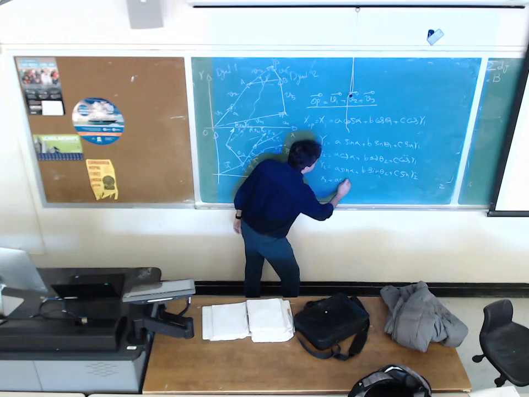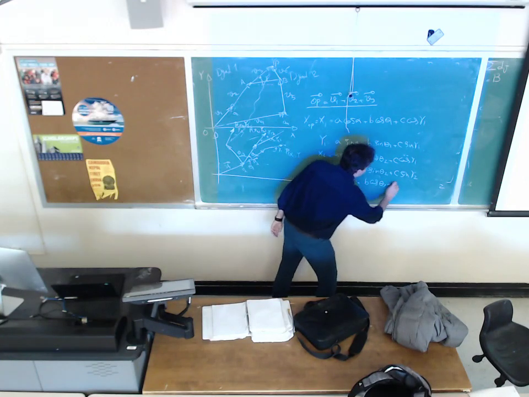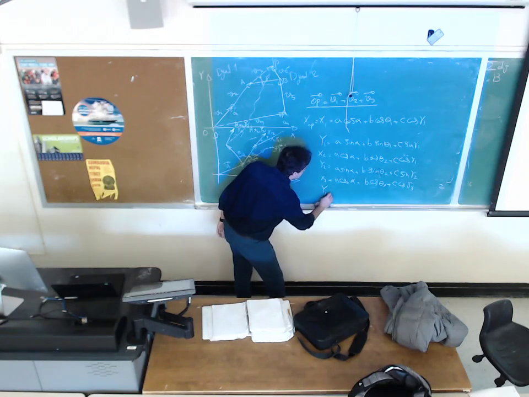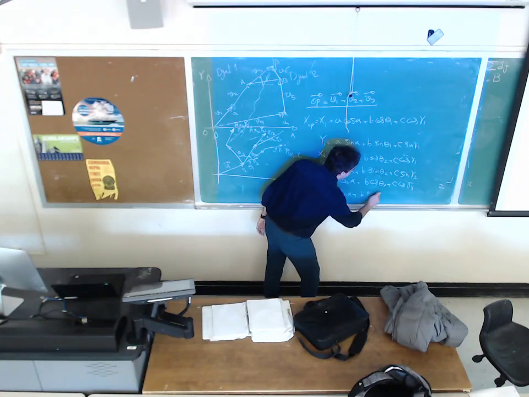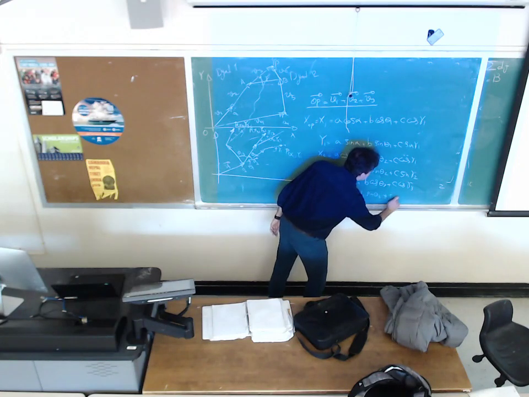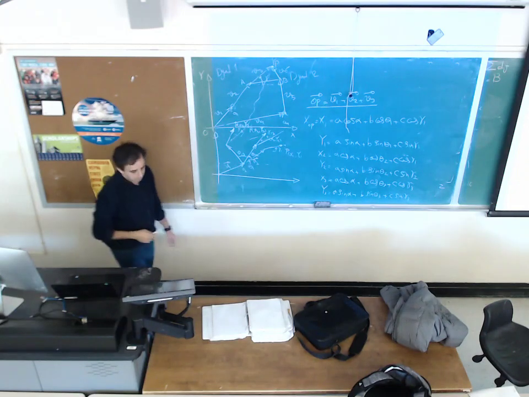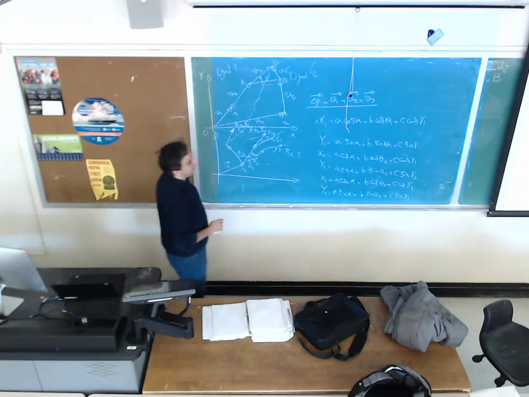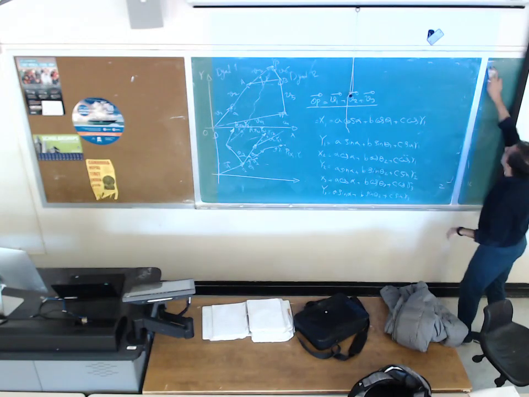And x3 would be a cosine of alpha plus b cosine of theta 3 plus c cosine of gamma 3, and y3 is going to be a sine of alpha plus b sine of theta 3 plus c sine of gamma 3. So we get 6 equations. Because we have 3 precision points, I can write 2 equations per precision point, totally 6 equations.